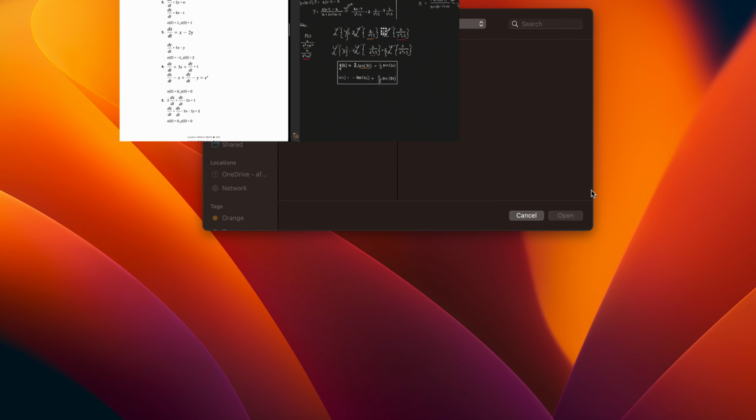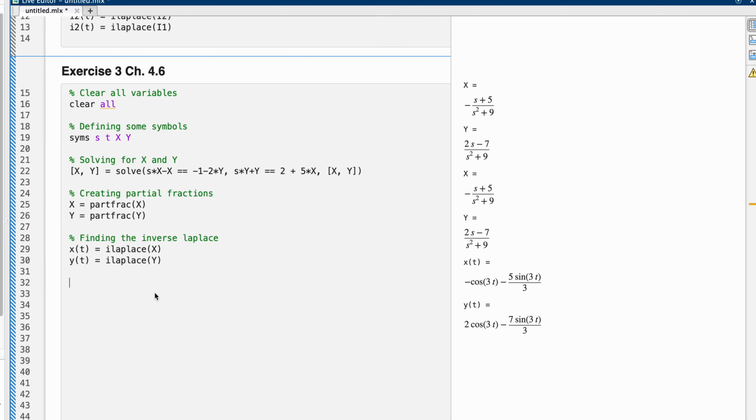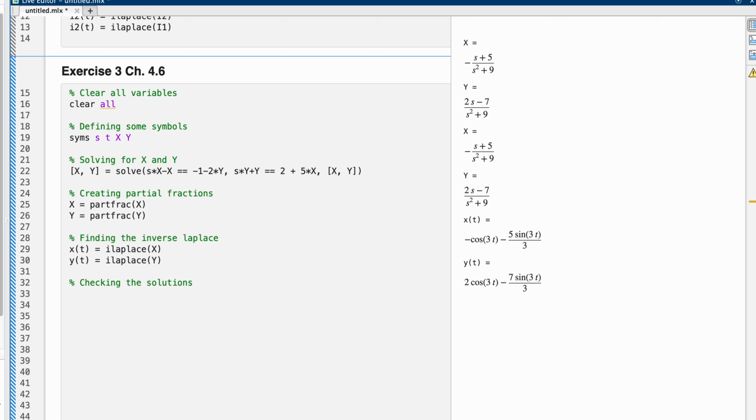But if you were not sure, what you could do is check the solutions by putting them back into the original problem. So now that you have your x, you can say that your derivative of x with respect to t has to be equal to x minus 2 times y, and your derivative of y with respect to t, remember this is our original system, has to be equal to 5 times x minus y.